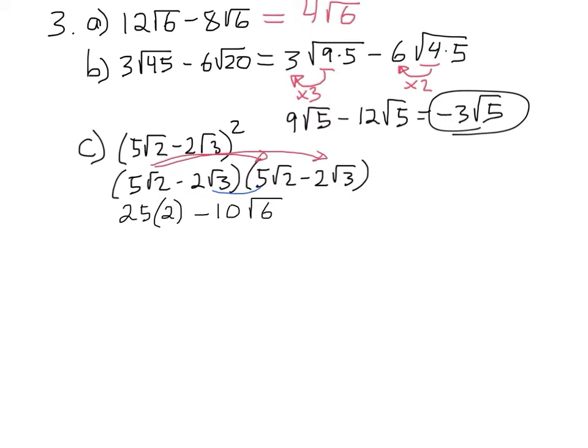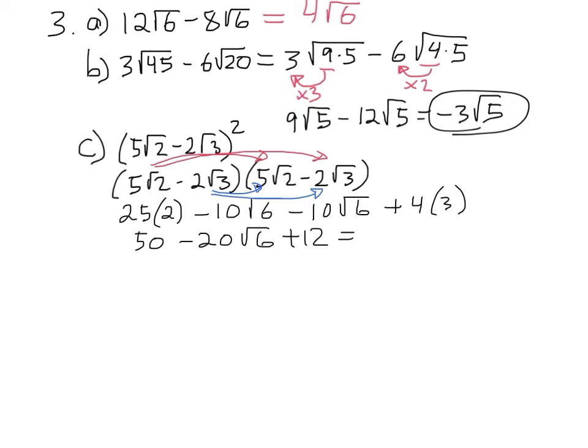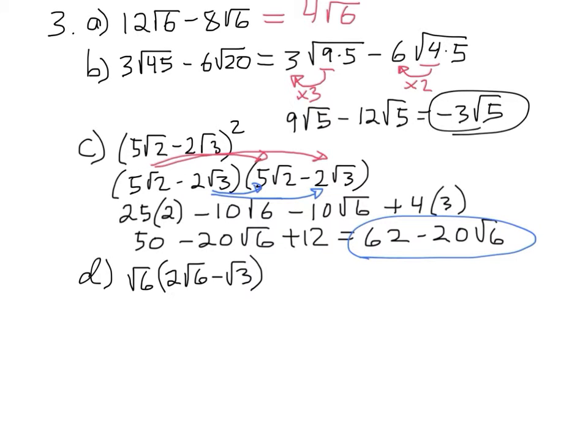Then we go ahead and do the second piece, so minus 10 root 6. And the last part, plus, because 2 negatives, 4, and root 3 times root 3 is 3. So we end up with 50 minus 20 root 6 plus 12, or 62 minus 20 root 6, and that is our final.